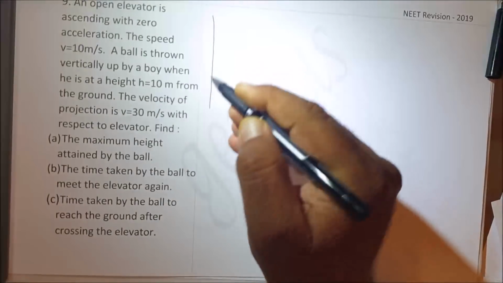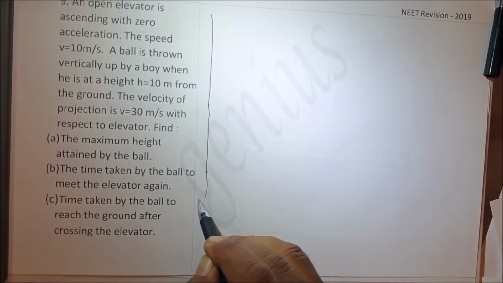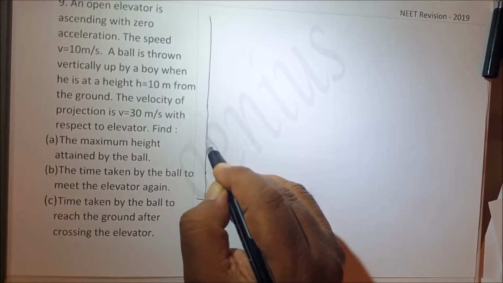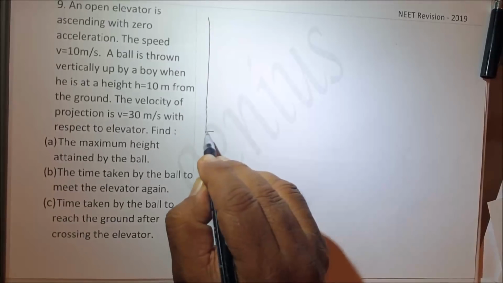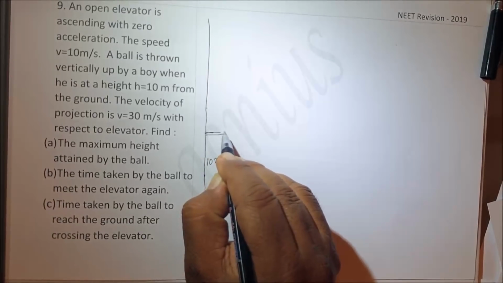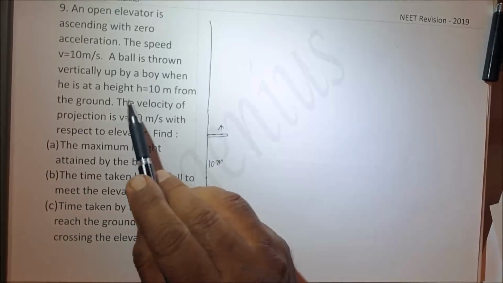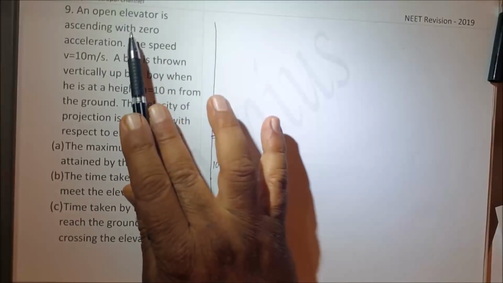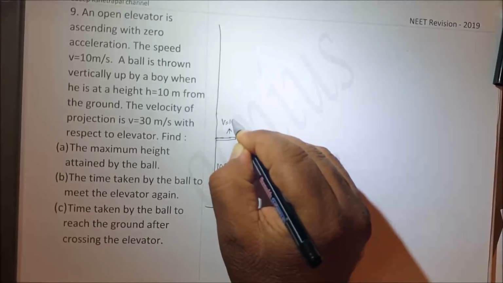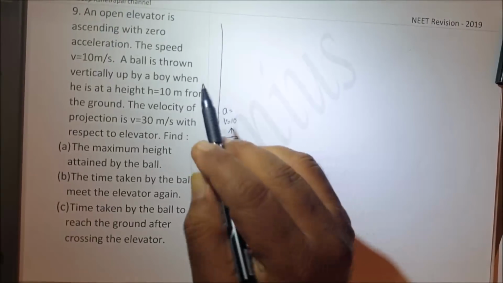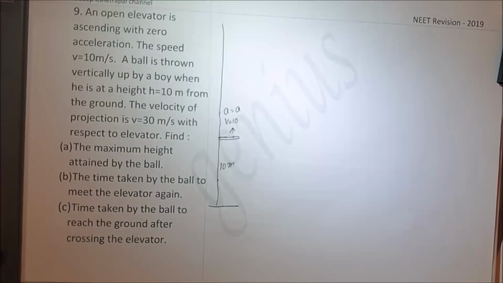I say this is the stand of the elevator, at a height of 10 meters from the ground. This elevator is moving up. The elevator velocity is given as 10 meters per second, but acceleration is how much? 0 acceleration.